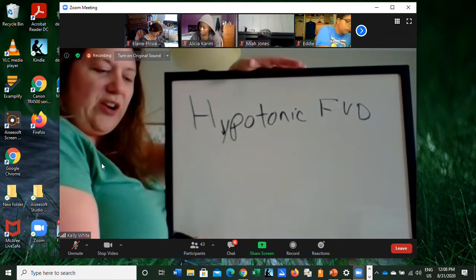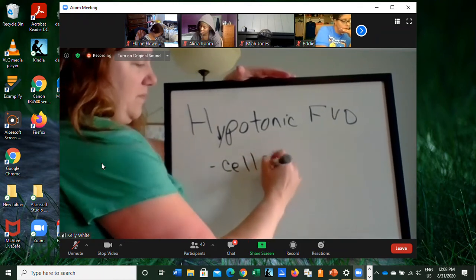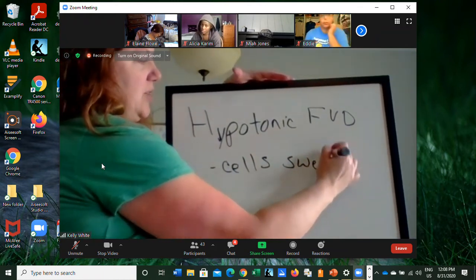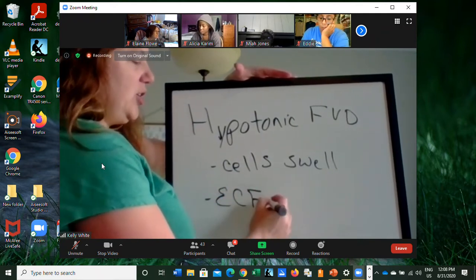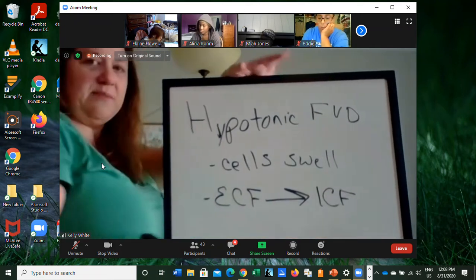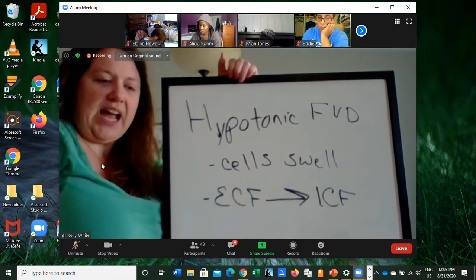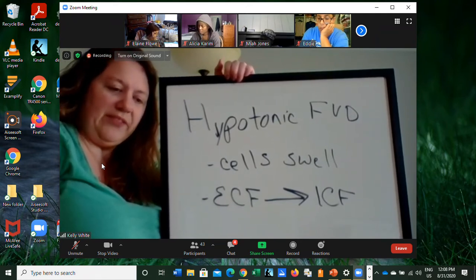And this is where your cells are going to swell. So your fluid that is your extracellular fluid goes into the cell, or becomes that intracellular fluid, and causes those cells to swell and get huge and puffy.